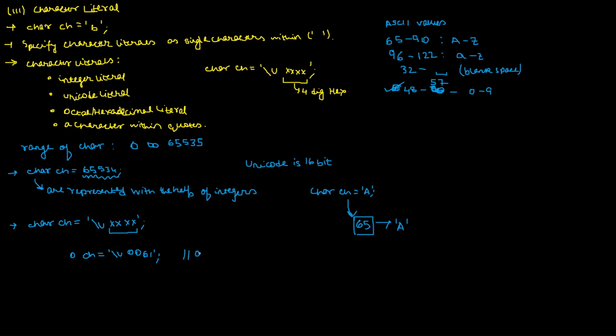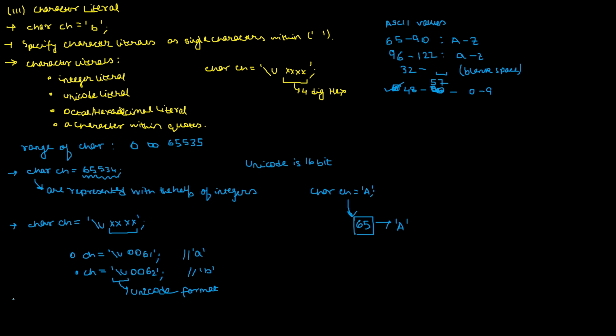This is for small a, or you can write ch is equals backslash u 0062. This is for small b. So what is this particular thing? This is a sort of escape sequence which stands for Unicode, like you're denoting this in a Unicode format, and then you use it.